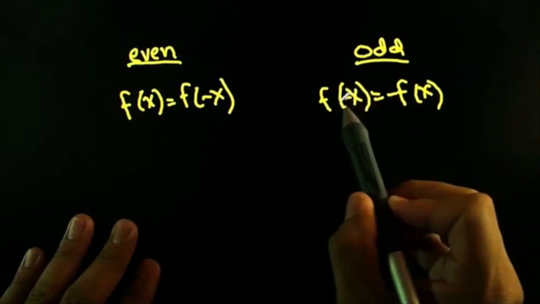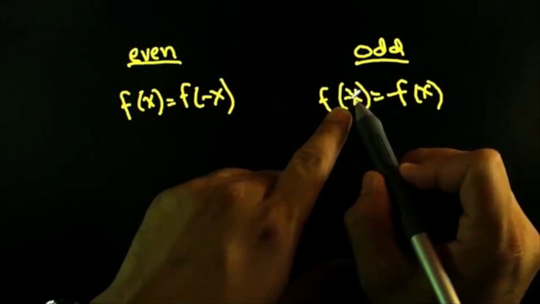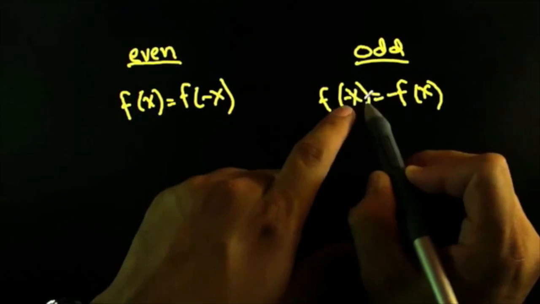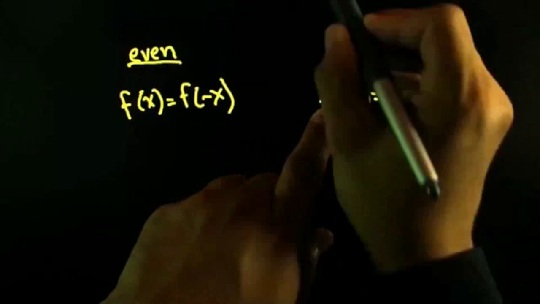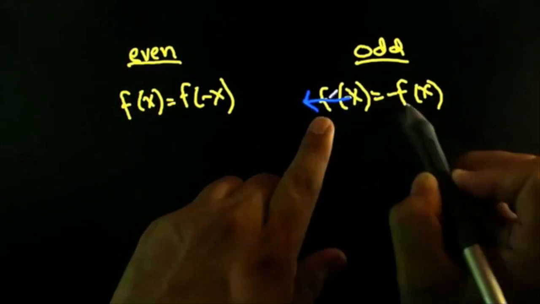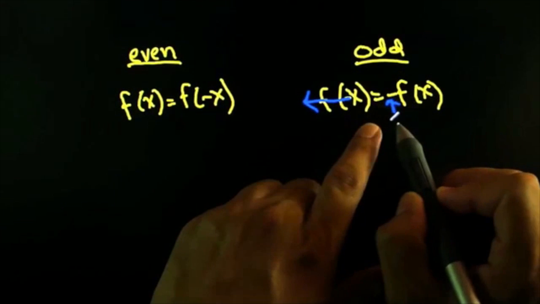Roughly speaking, what it says is that you can take this negative that's inside the input value and factor it. It comes right through the function to the outside and gets put right there. You can factor out the negative.